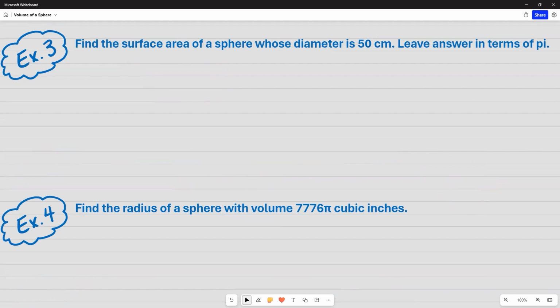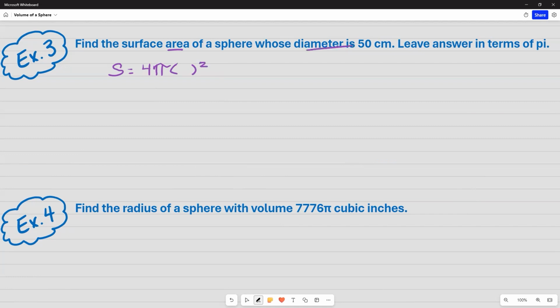For example 3, we're asked to find the surface area of a sphere whose diameter is 50 centimeters. And we're going to leave the answer in terms of pi. So we're back to surface area, not volume. So we know that our units are going to be squared. And the formula is going to be S is equal to 4 pi r squared. Well, we have to find what r is because we're not given r.